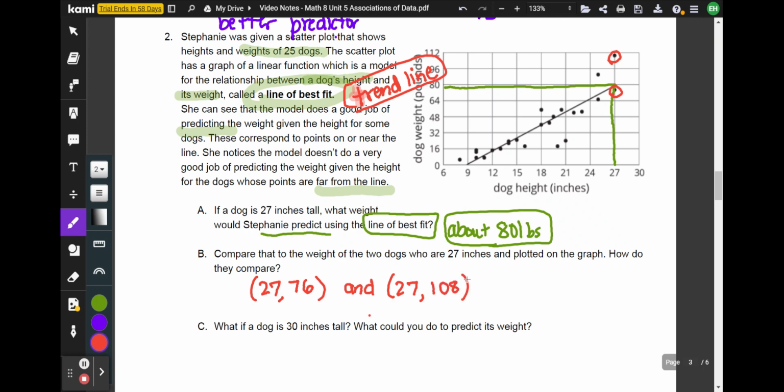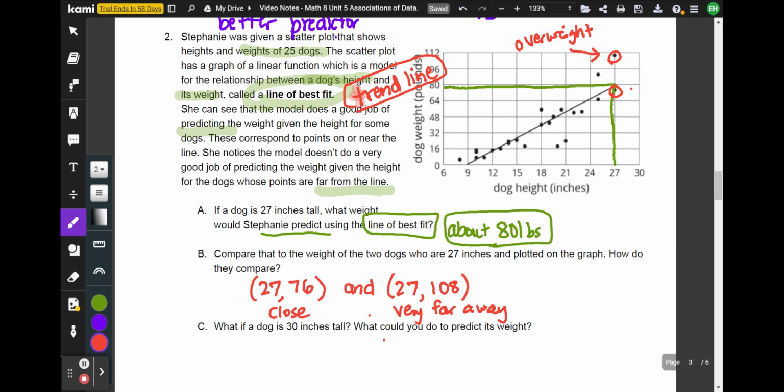So we're going to round a little bit down and say about 108. Those are very significant. The first dog is very close to the predicting line, but this one is very far away. So probably what's happening is that this dog, that's super far away, is probably overweight. He's too big for how tall he is.